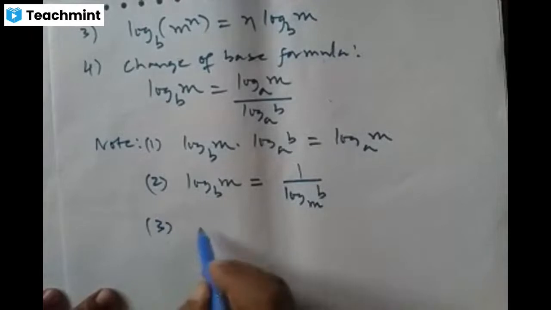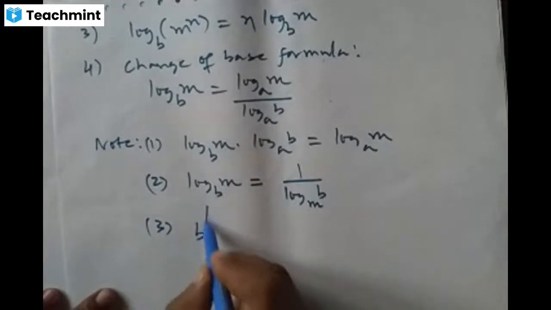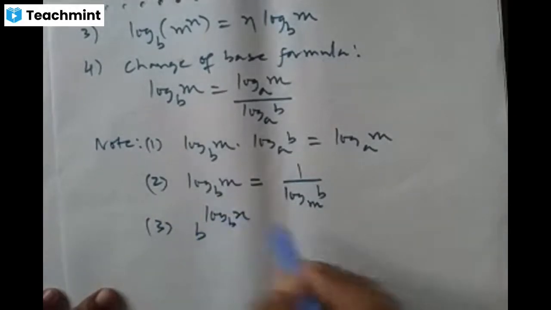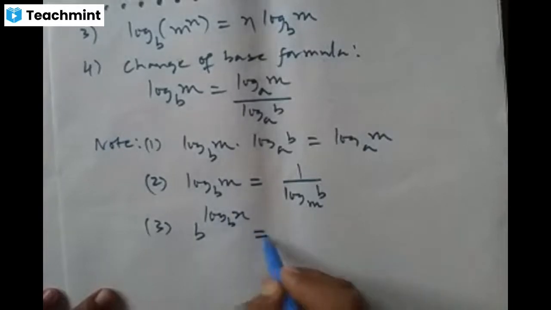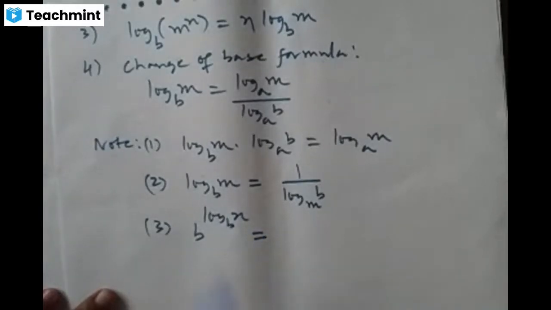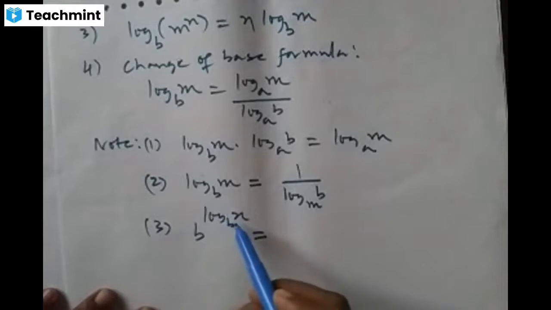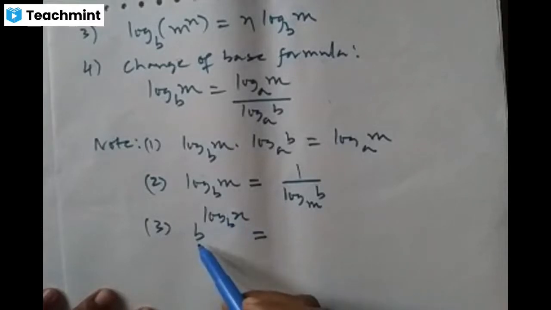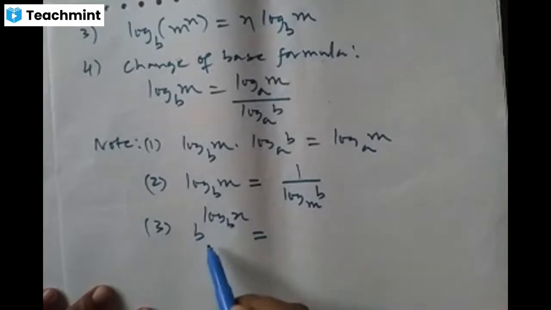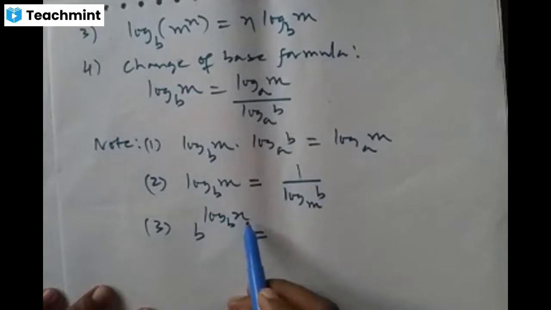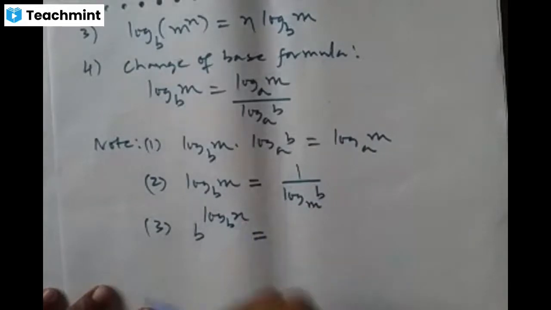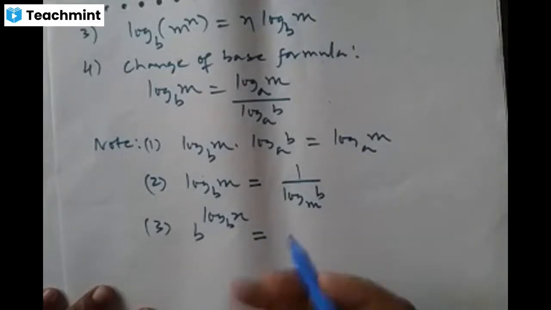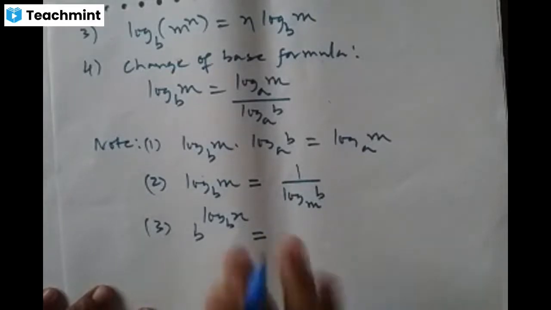Next, the last one. Note number 3: B to the power log X to the base B is equal to X. I have already told you, exponential function and logarithmic function are inverse to each other. Here B power something is an exponential function, and log of something is a logarithmic function. These two are operated on X. It's something like addition and subtraction: if you add and subtract something, the original value remains the same.